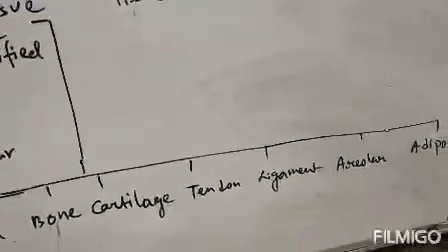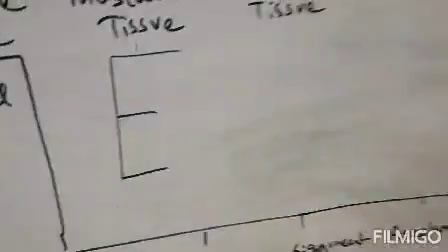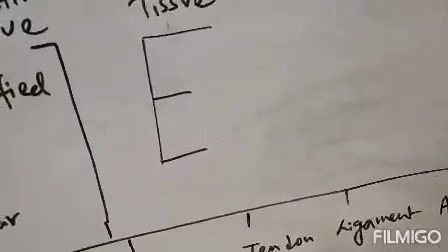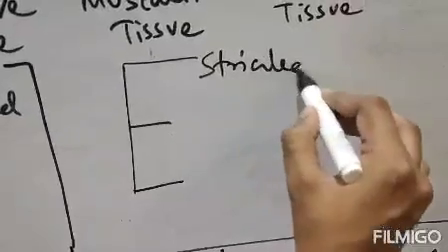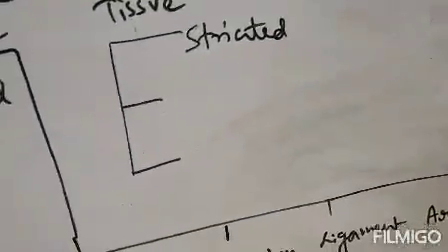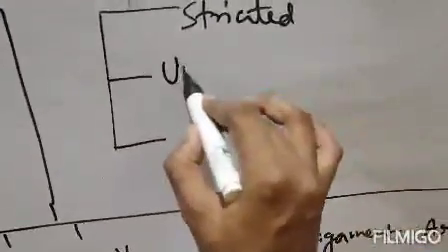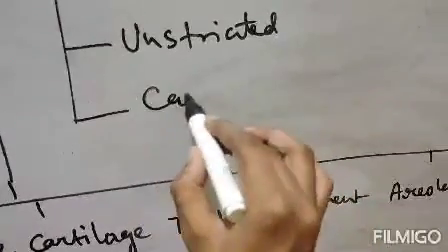Next, muscular tissue is classified into three parts. Number one is striated, number two is unstriated, and last, number three is cardiac.